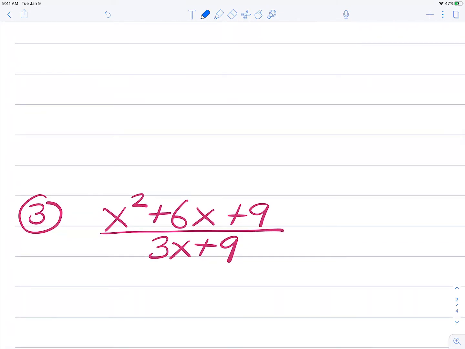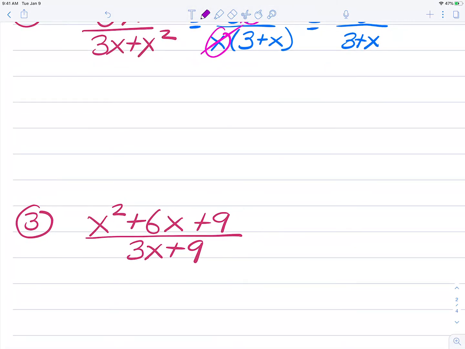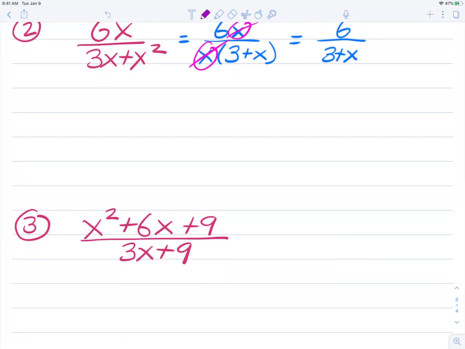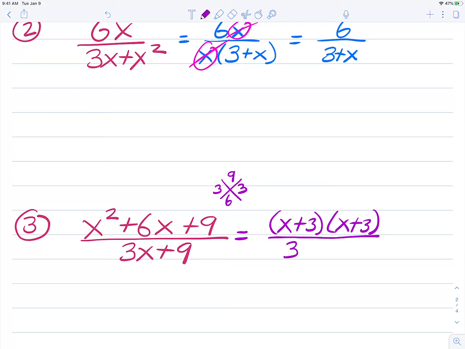Problem number 3. So sometimes you're going to be coming across a problem you have to do a little bit more than just a GCF factoring. So for that numerator, if I thought of two numbers that multiplied to 9 and added to 6, that would be 3 and 3. So I have x plus 3 times x plus 3. The denominator has a GCF of 3, so I'm going to factor that out as x plus 3.